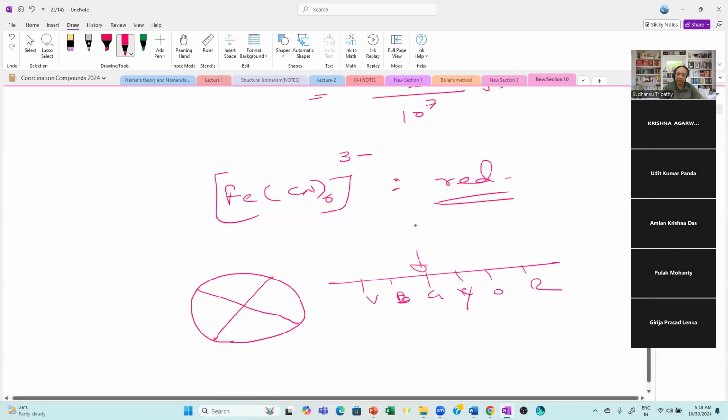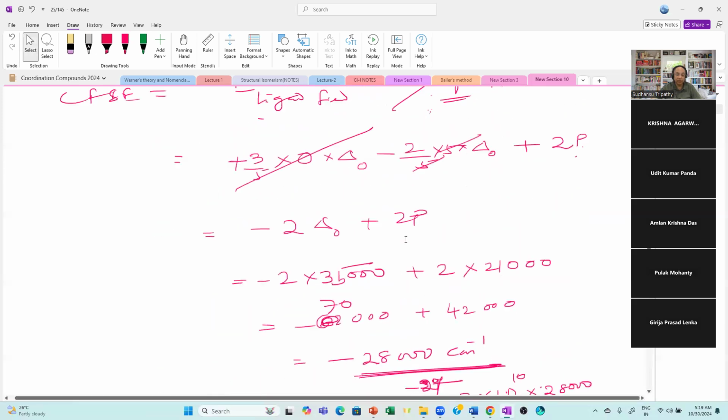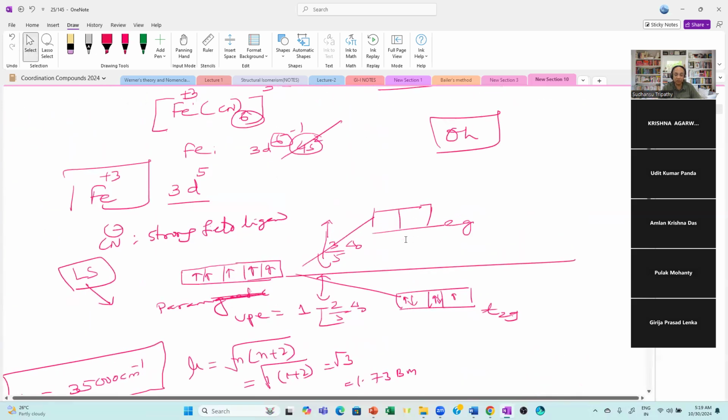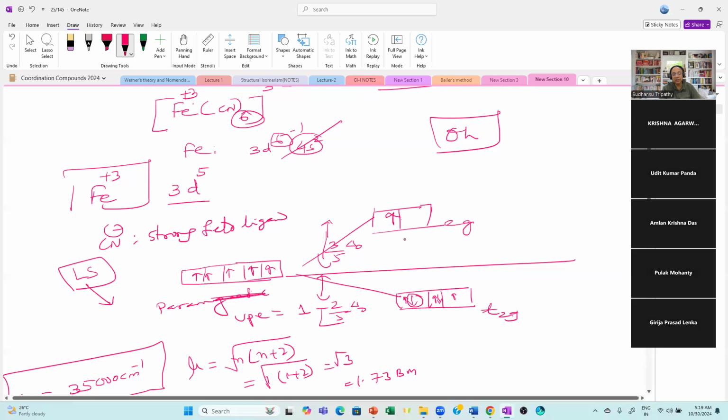Since it is a very promising red color, it cannot be due to d-d transition. Of course, d-d transition is possible, but it has to go with the same spin.